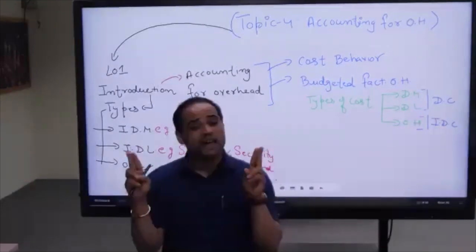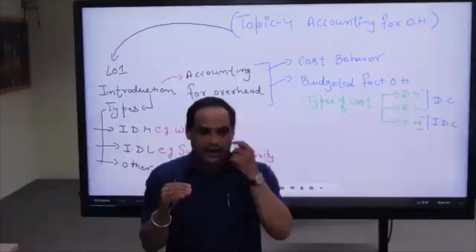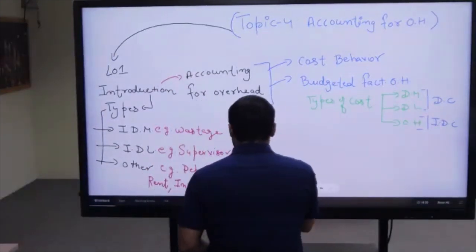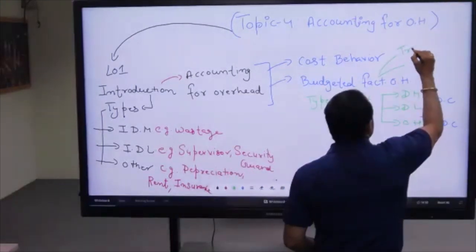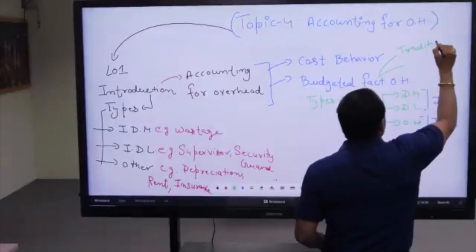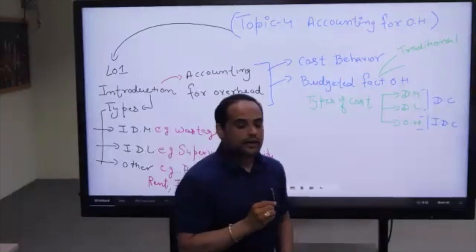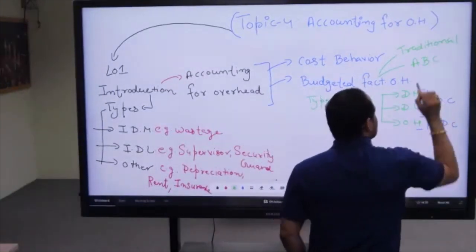We have two methods to forecast factory overhead. These two methods involve the traditional costing method and the activity-based costing method.